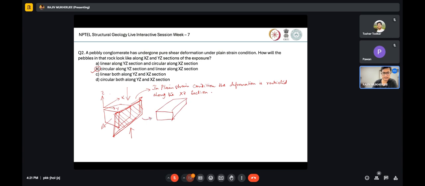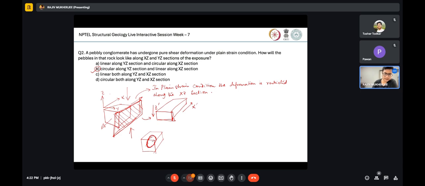So this will deform like this. So my y dimension is fixed. So along x, it is extended, and along z it is shortened, right? So if initially I had a pebble like this, right?